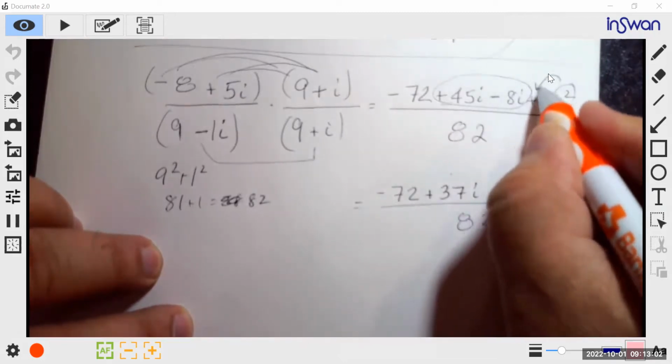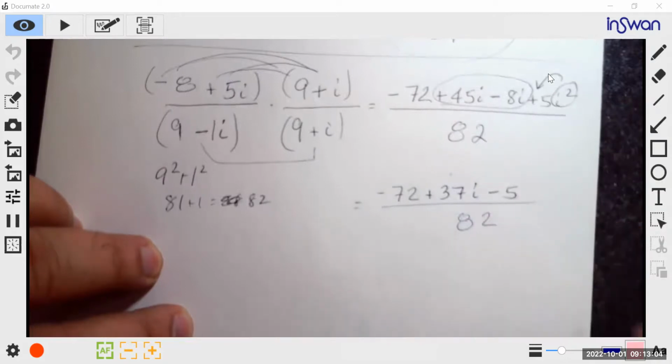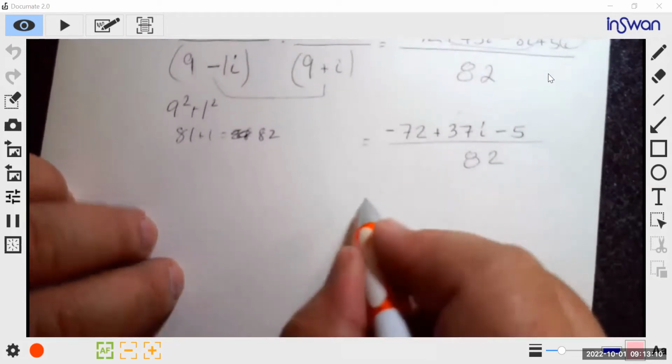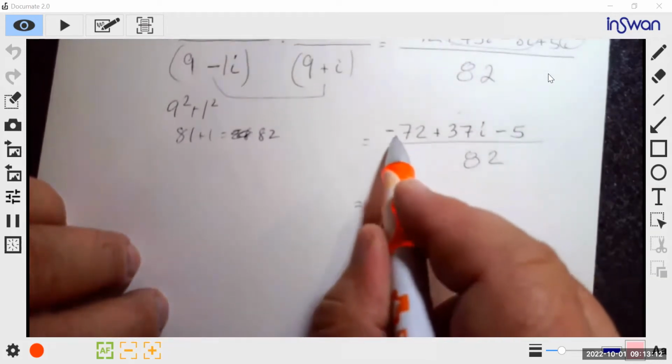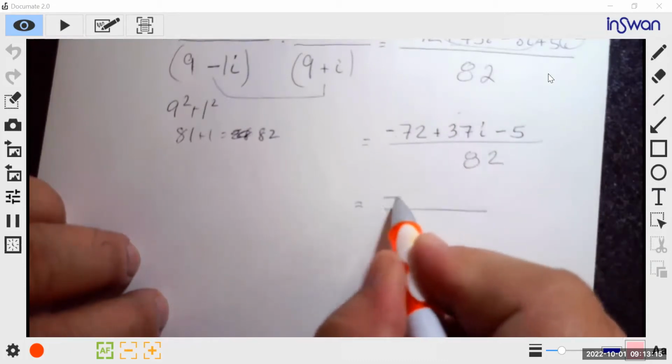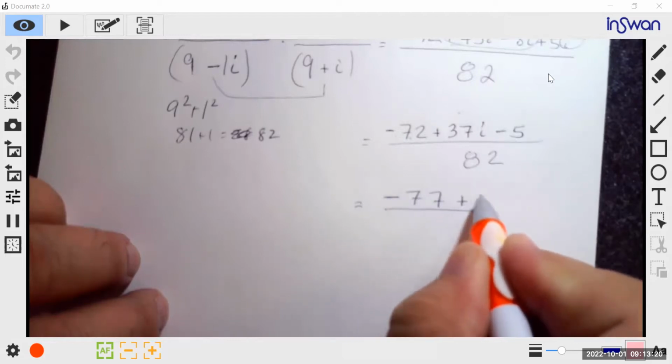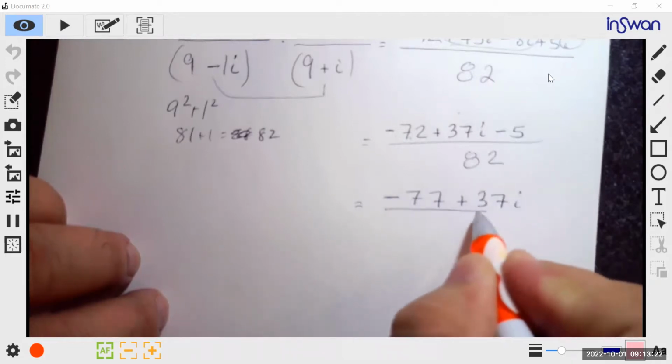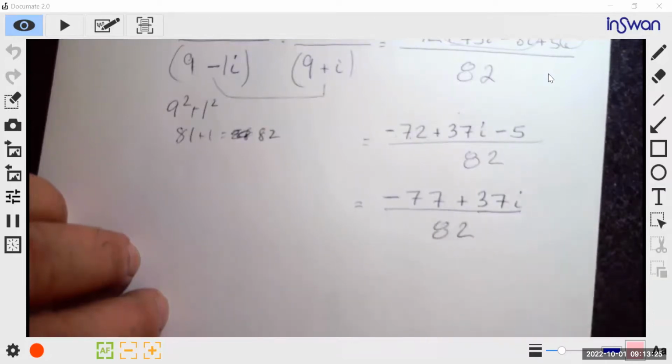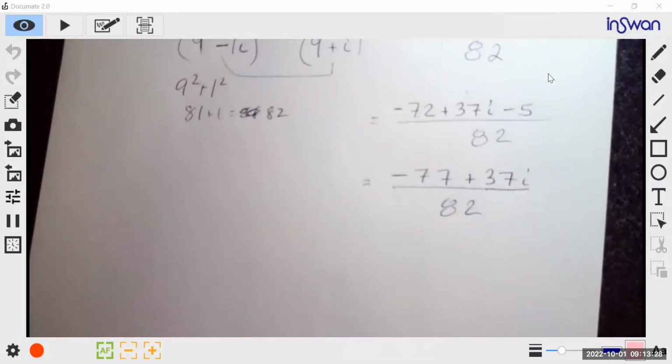The i squared changes that plus to a minus, so it's minus 5. They're both negative, so 72 plus 5 is 77. Plus 37i over 82. And nothing can simplify. So that's your final answer.